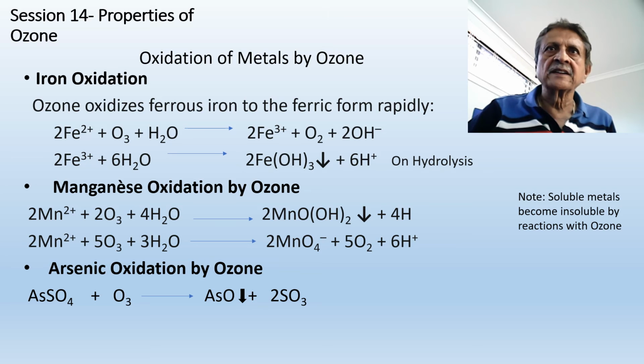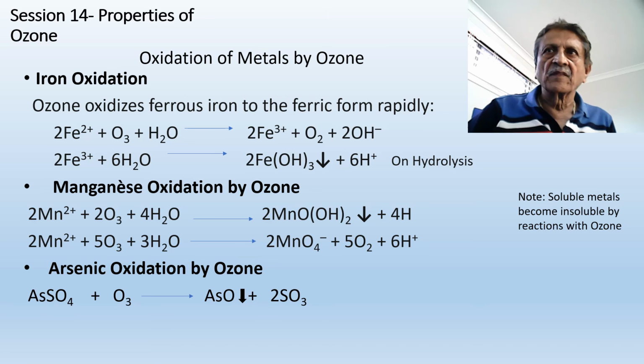With respect to manganese, quite a number of well waters do have manganese, and these cause coloration to clothes, a brown sort of coloration. So in order to remove the color of manganese, we pass ozone through the water and the manganese will precipitate out as manganese hydroxide.